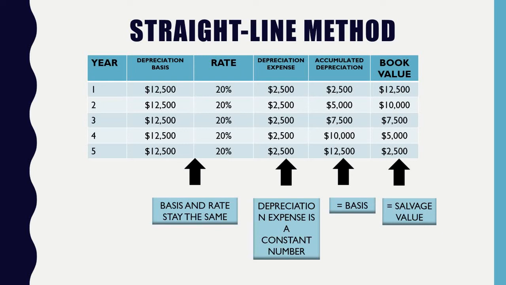And of course, the only thing that we're looking for here is that at the end of the 5th year, the accumulated depreciation should match its basis. And once again, at the end of the 5th year, your book value should still equal your salvage value.